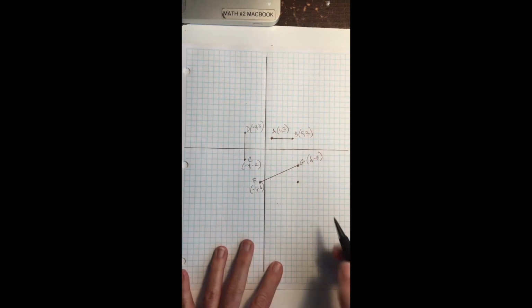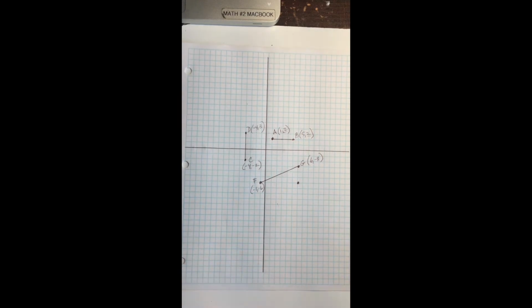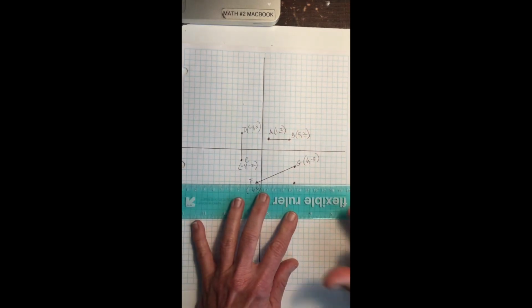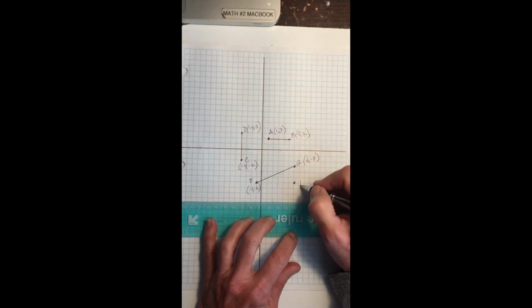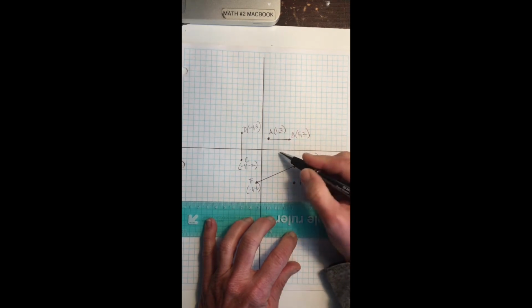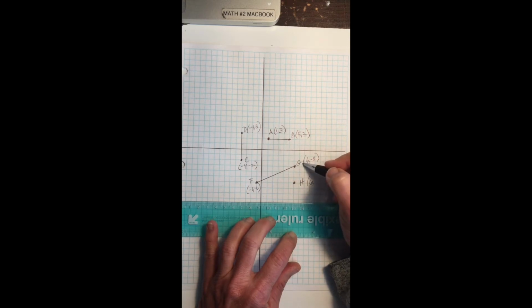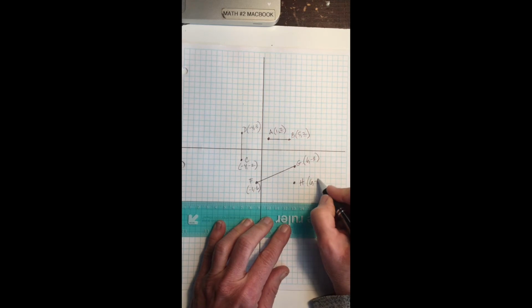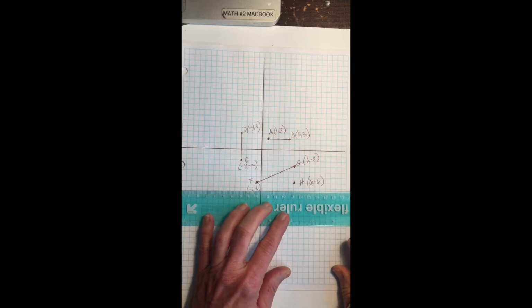Now you may have noticed that I added another point here. I'm adding a point so that the diagonal we just drew becomes the hypotenuse of a right triangle. I'm going to call this point H. It's on the same vertical line as point G, and on the same horizontal line as point F, so its coordinates would be (6, -6).